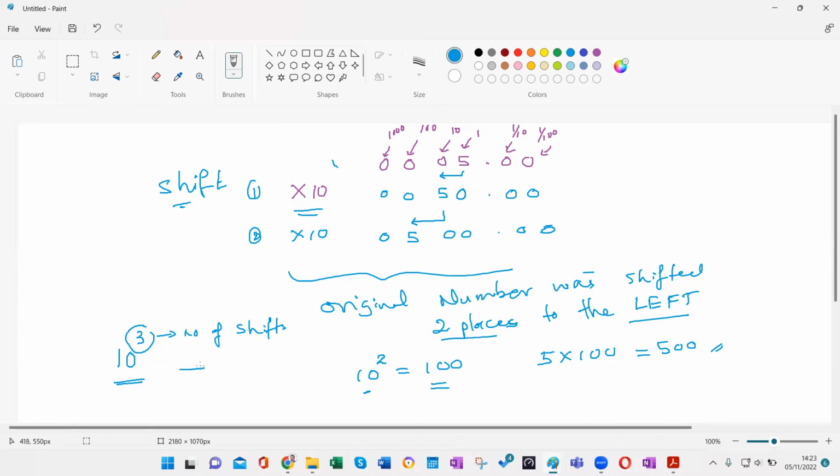So what will happen to the original value? It's going to be multiplied by what? Venu.